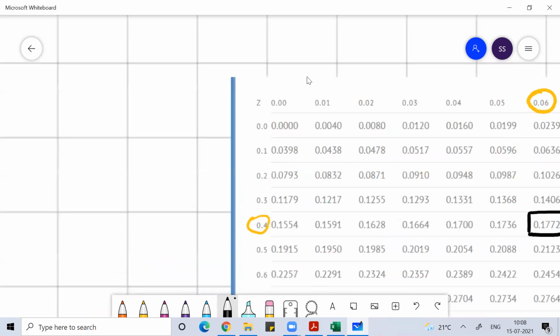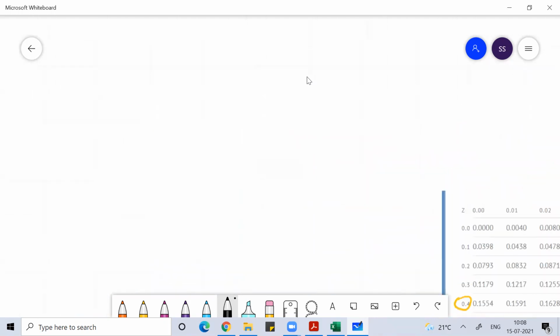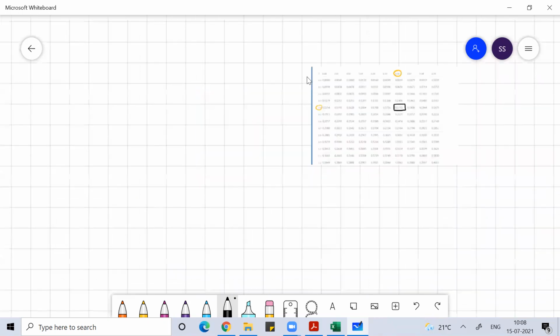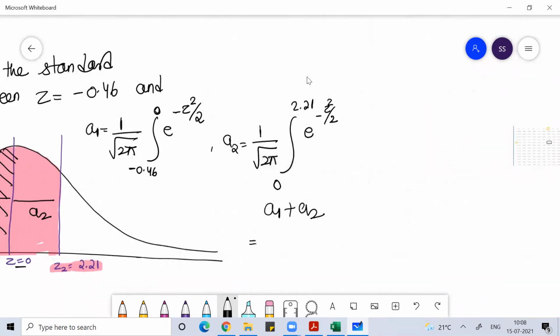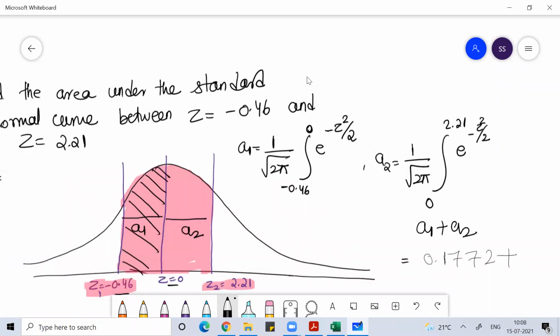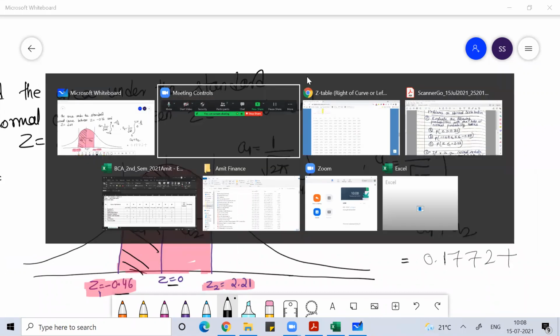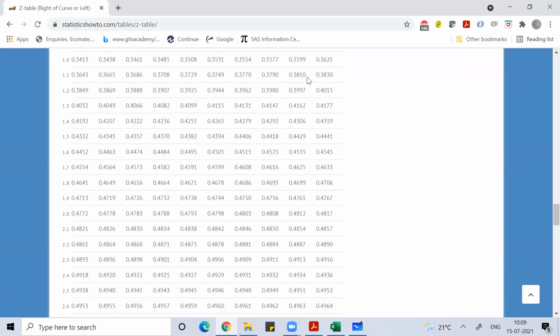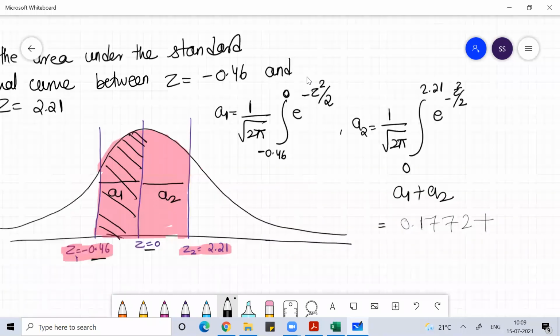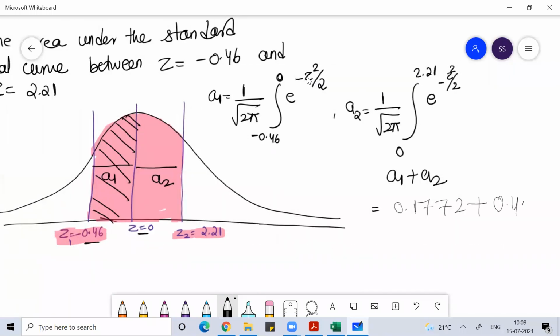So 0.46 means that is 0.1772 plus. Then the next value is 2.21. See here, 2.2 and then 1 means 0.4864. 0.4864 plus 0.1772, you simply add them.